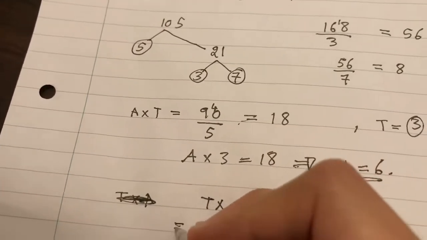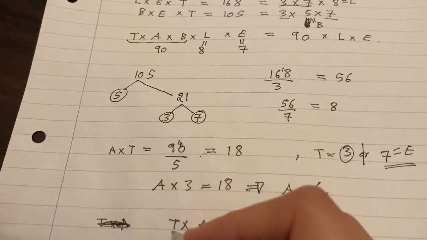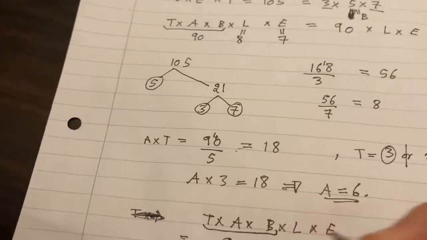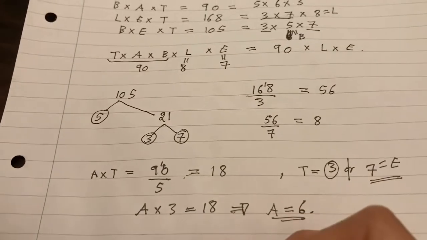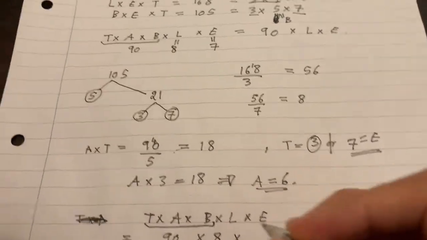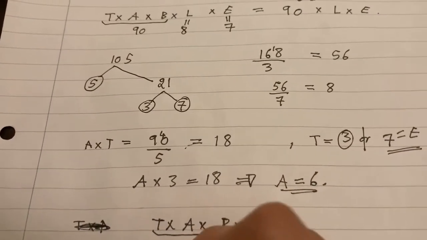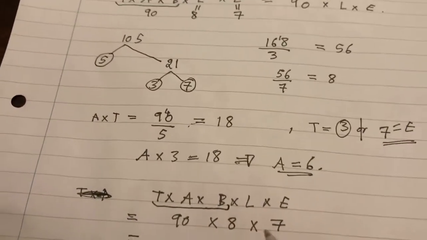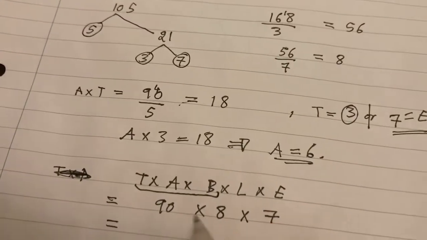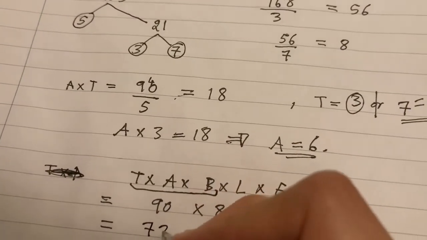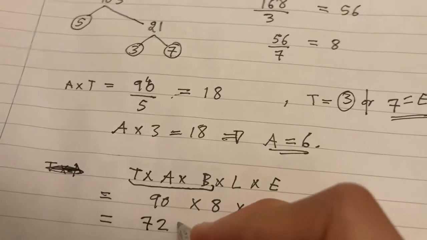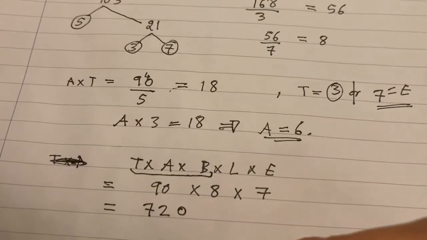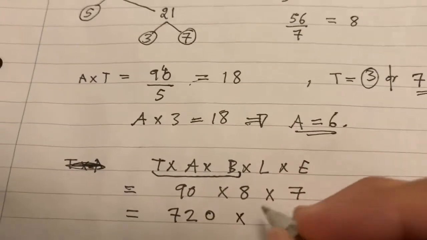We know T times A times B straight away, 90, times L, which we found was 8, and E was 7. So 90 times 8 times 7. Because 9 times 8 is 72, 90 times 8 would be 720, because 90 is 10 times 9, so we multiply 72 by 10. Now we times it by 7.